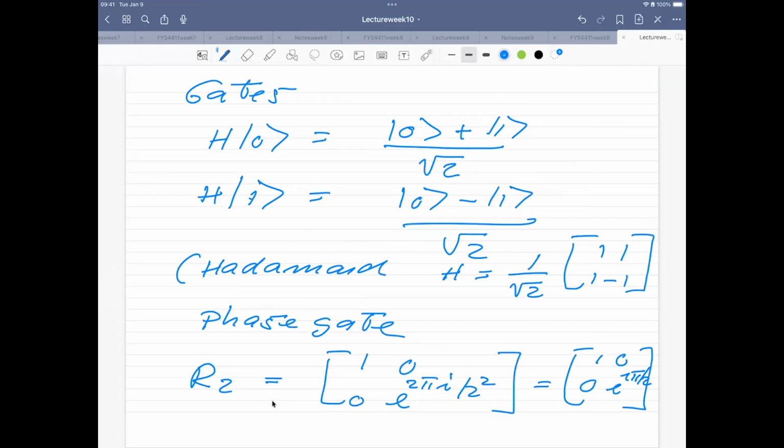So for 2 qubits, this QFT, the quantum Fourier transform, is going to use one Hadamard on each qubit, as you will see later, and then one controlled R2 and one final swap. So we're going to set that up now.